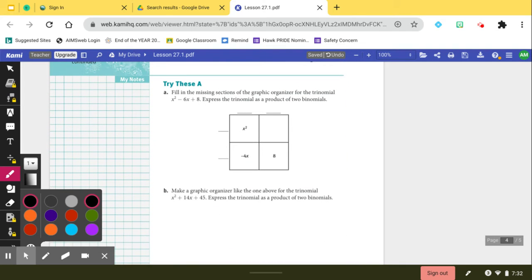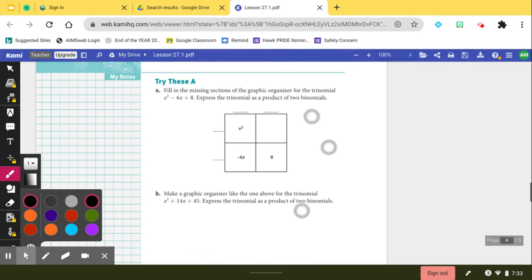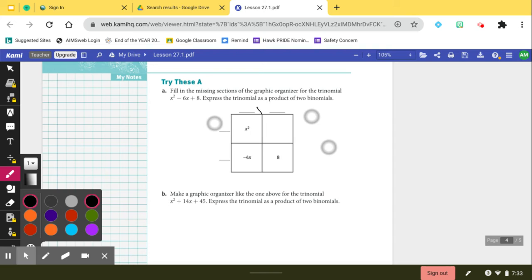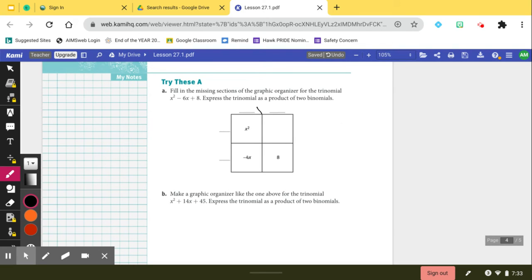So I'm going to skip down to the try these. It says fill in the missing sections of the graphic organizer for the trinomial x squared minus 6x plus 8. So we know that to get x squared, it would be x times x. It gives me that we have negative 4x. Well, x times what is negative 4x? Well, that would be negative 4.